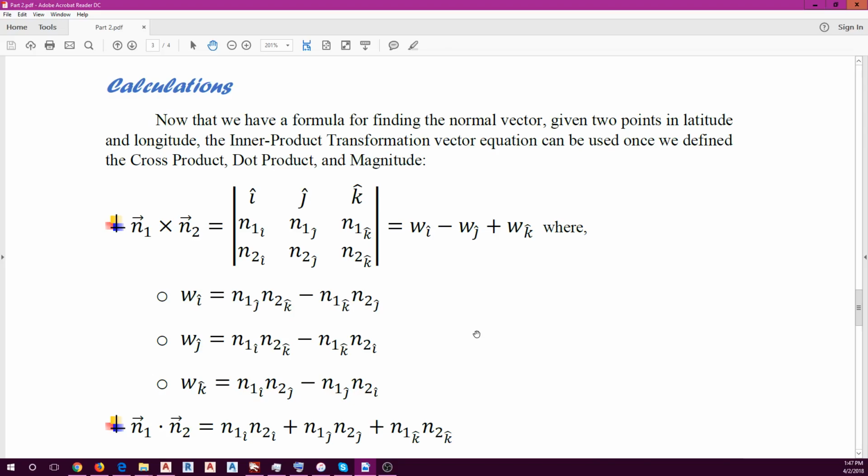The cross product gives you this w vector, and the dot product gives you a number. Notice that n1i is the ith component: the first component of the first vector, the second component of the first vector, the third component of the first vector, and likewise for the second vector, right?